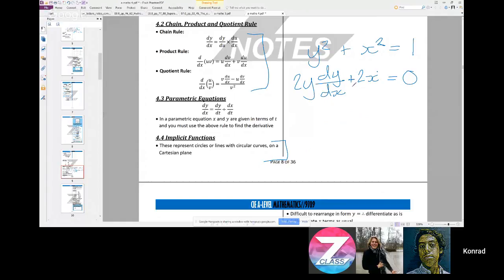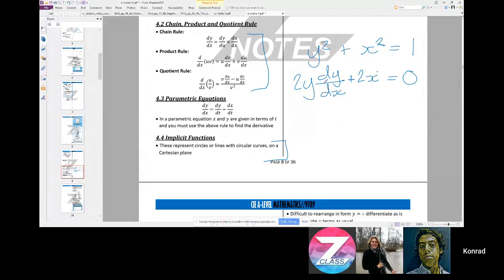Lots of the time, people learn this as you just differentiate everything, and then if it's a y, you multiply it by dy by dx. I think it is worth understanding what it is you're actually doing, why you're doing what you're doing, right? But this is essentially all there is to it for implicit differentiation, right?